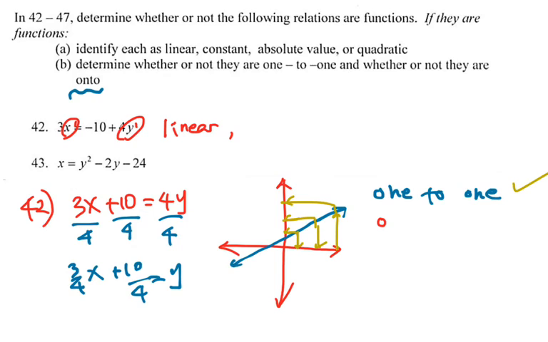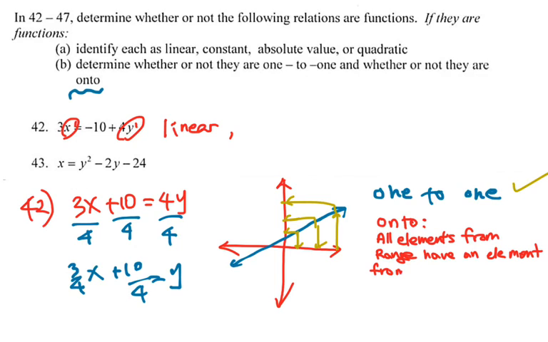But how about, is this an onto function? To see if something is an onto function, all elements from the range must have a corresponding value from the domain. In this particular case, we're going to assume that the range is all real numbers.